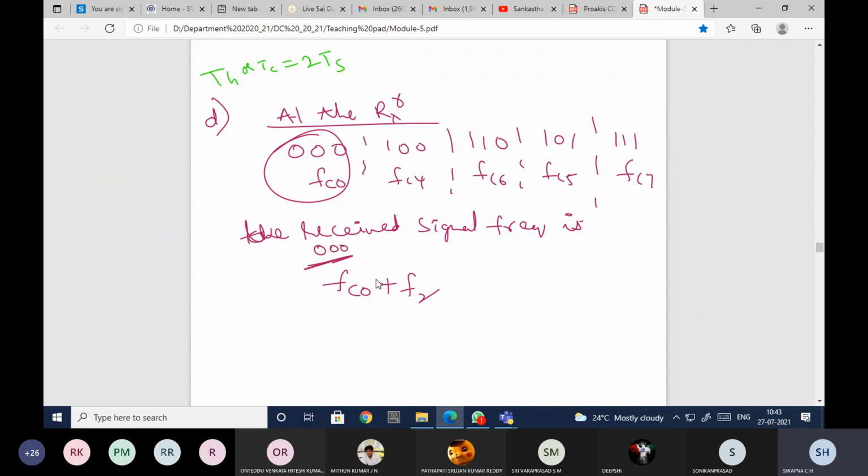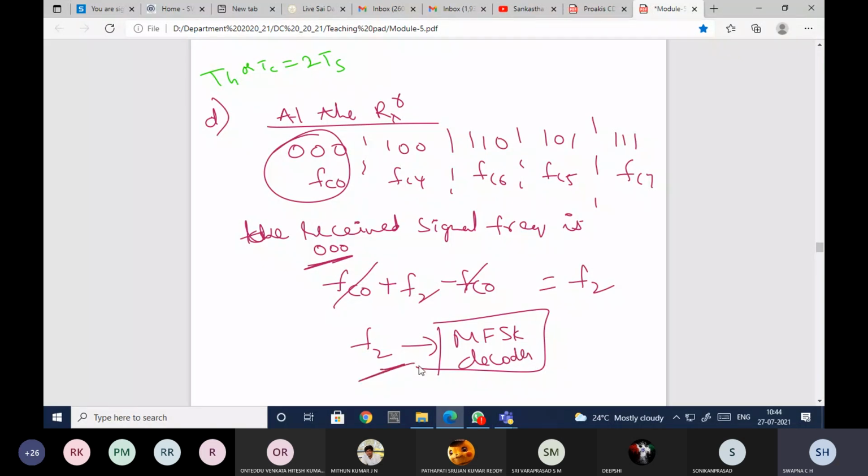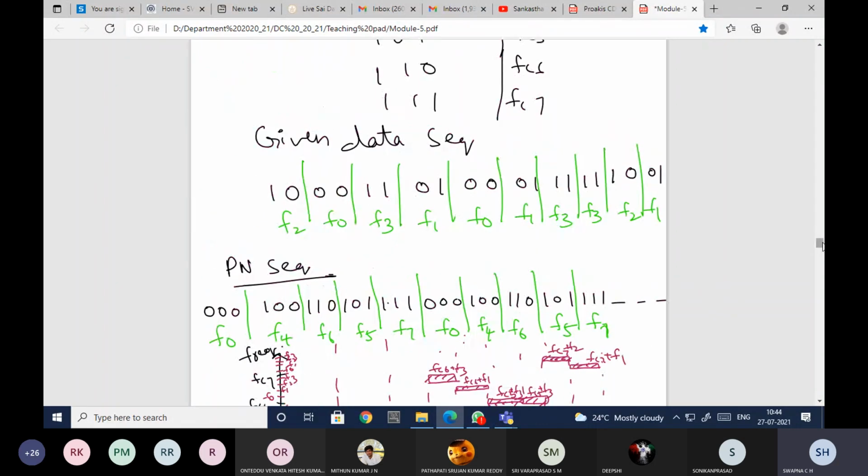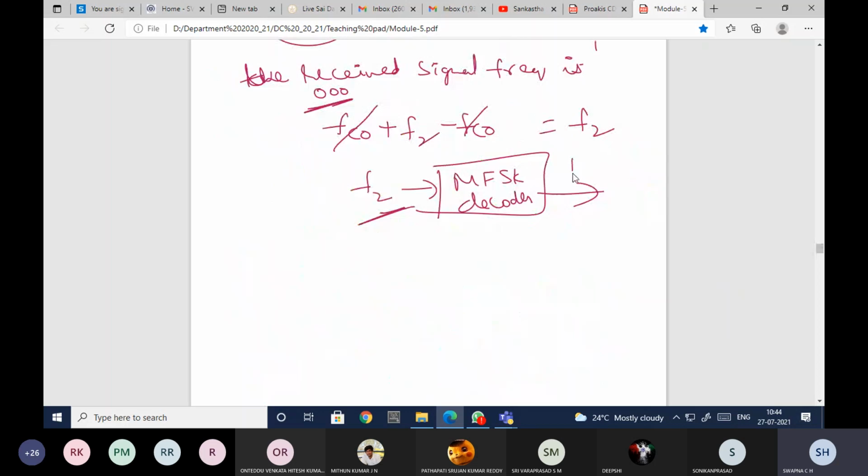If you take FC0 plus F2 minus FC0, because the band pass filter takes only the difference signal, these will get cancelled and I get F2. This F2 should be given to the MFSK decoder. Corresponding to this F2, the symbol is 1 0. So 1 0 will be the output. This is the estimated signal.